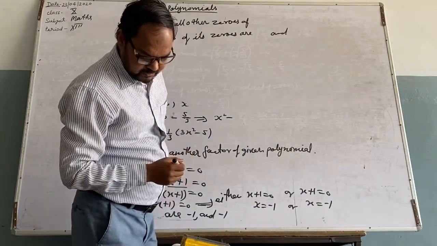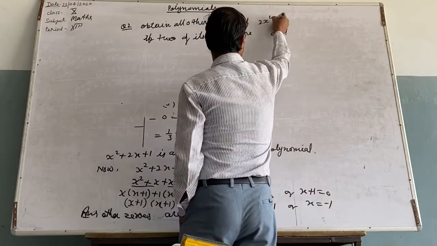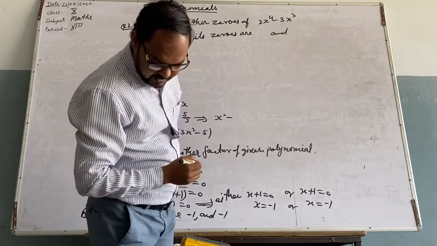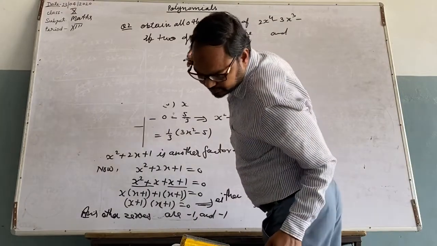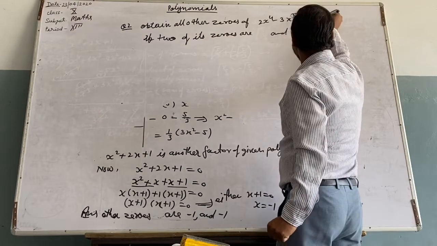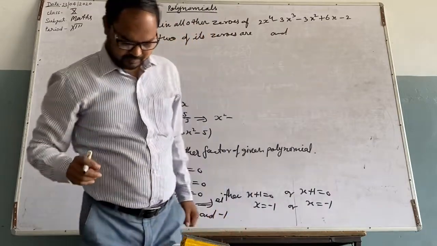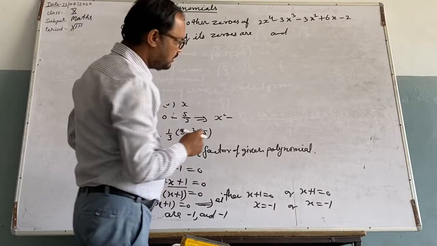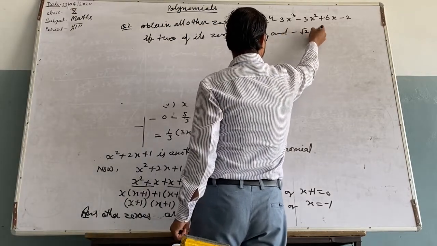Find zeros of 2x power 4 minus 3x cube minus 3x square plus 6x minus 2, when two of its zeros are root 2 and minus root 2, right?